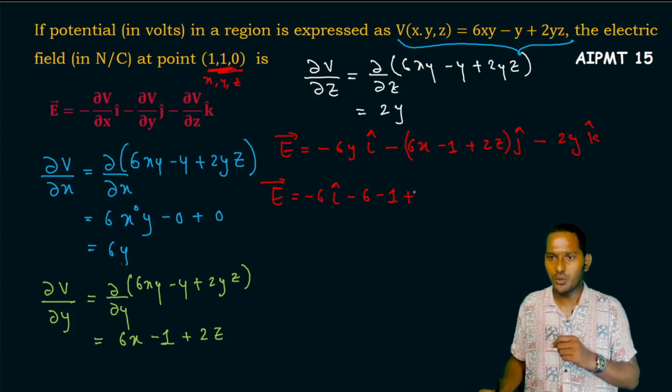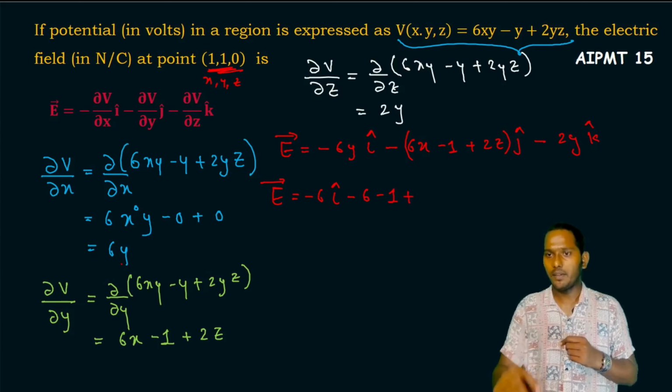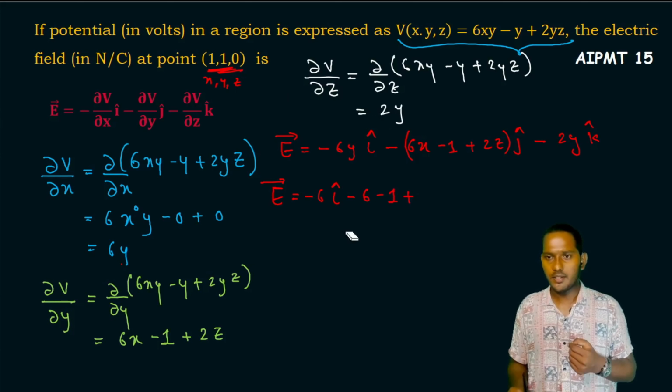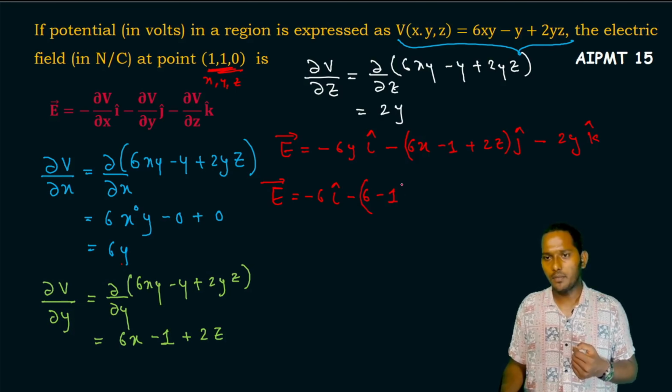Z is also 0 here, so that term goes to 0. This is going to be my j cap minus 2 k cap, right?